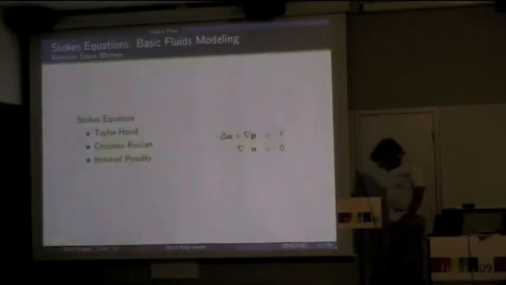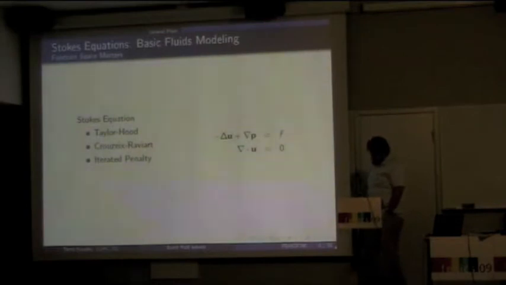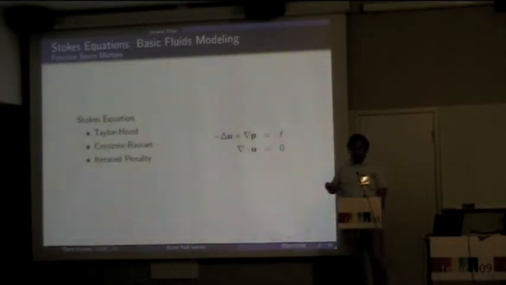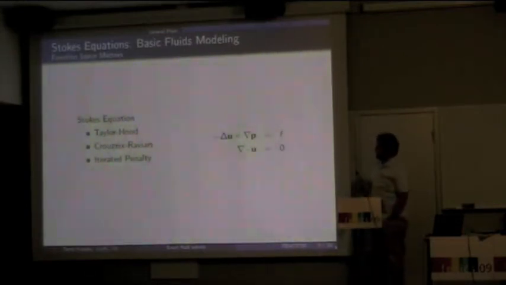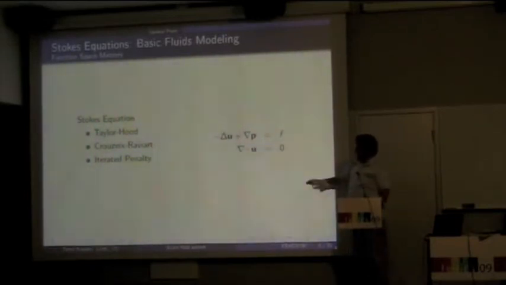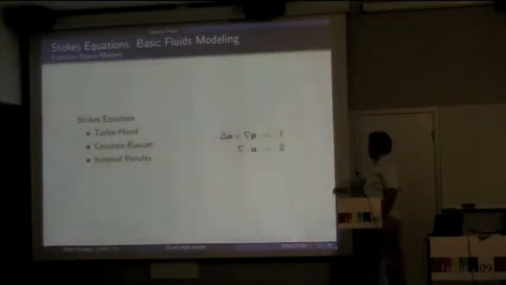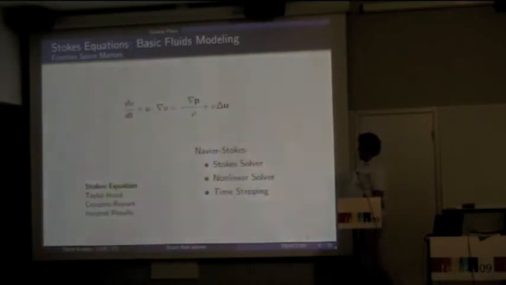So in my experience, when I want to solve some sort of system, I give some sort of problem, I always tend to start at some small level. For example, in fluids, your basic level, you start with these Stokes equations. And you have a whole bunch of different ways of going through the Stokes equations.